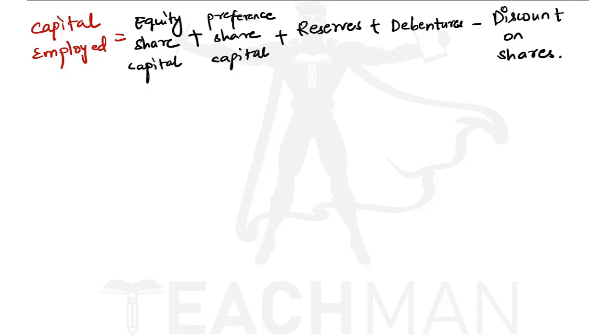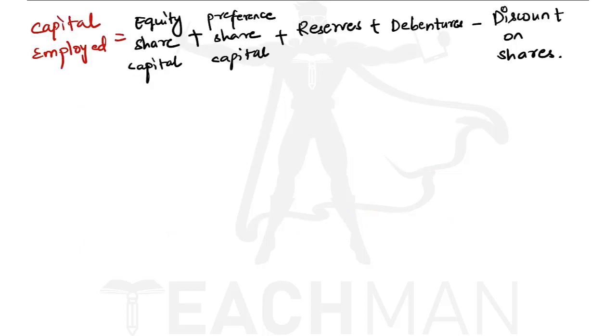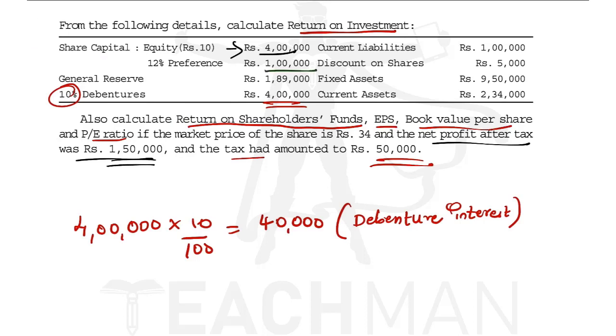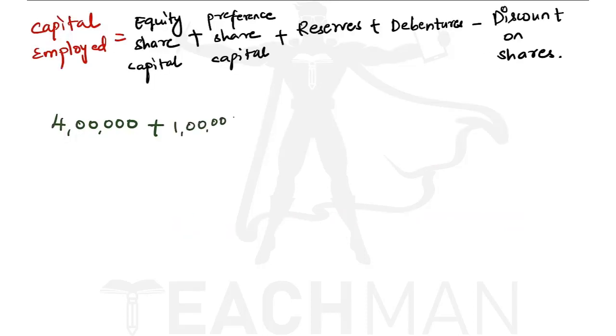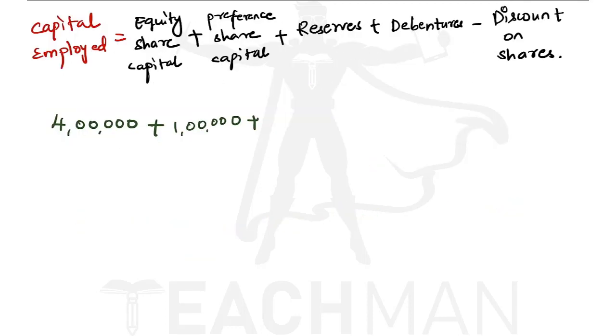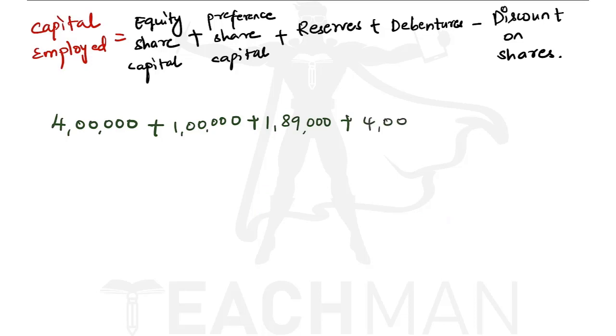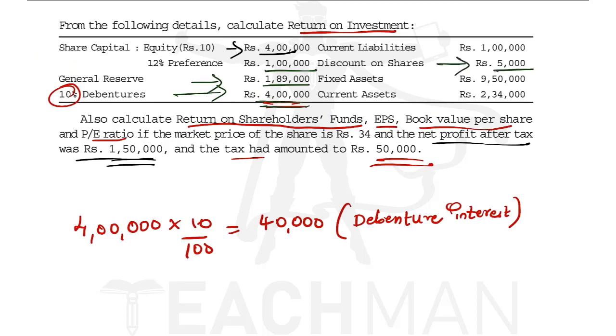Now let us write the values corresponding to them. First is equity share capital. So equity share capital is 4 lakh. So 4 lakh plus preference share capital is 1 lakh plus reserves is 1,89,000 plus debenture is 4 lakh minus discount on shares is 5,000.